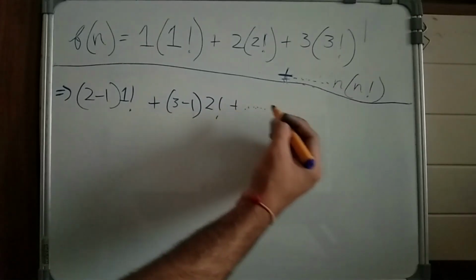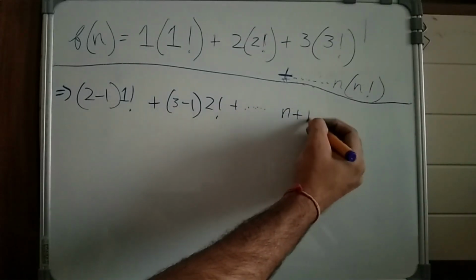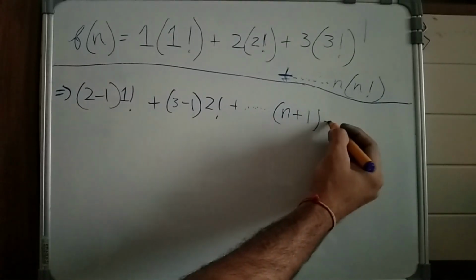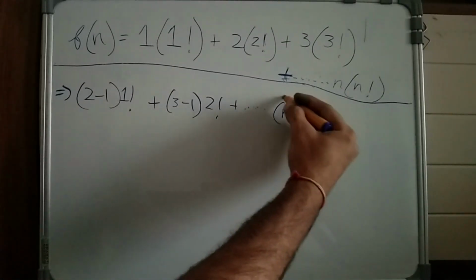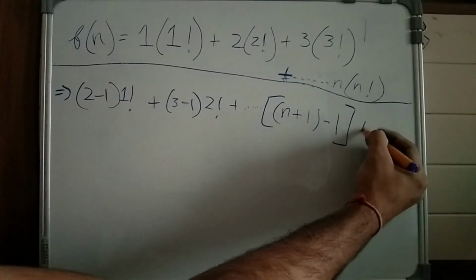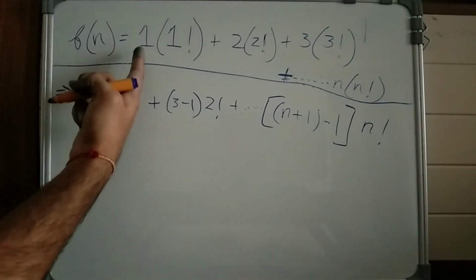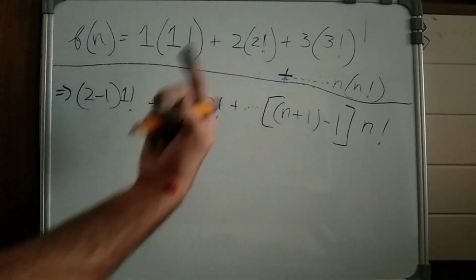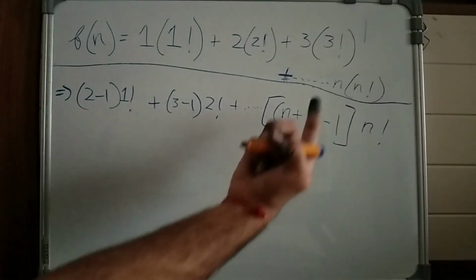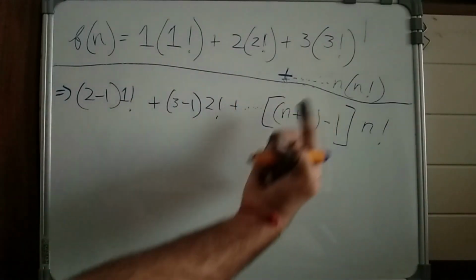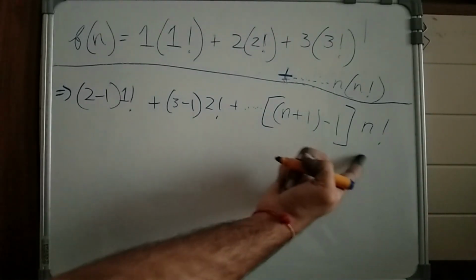All the way up to n plus 1 minus 1 times n factorial. Okay, so I am doing nothing, I am just writing 1 as 2 minus 1, writing 2 as 3 minus 1, and likewise n as n plus 1 minus 1, into n factorial.